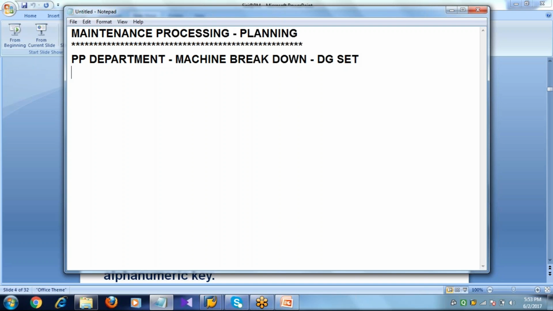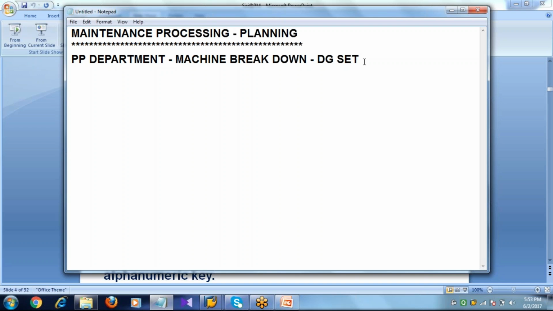Now, for example, production is running in the production line. All of a sudden, they hear some noise, and they are unable to get proper conditions, or the engine is giving some turbulence sounds from the machine or equipment, the DG set. So suddenly the machine has broken down.